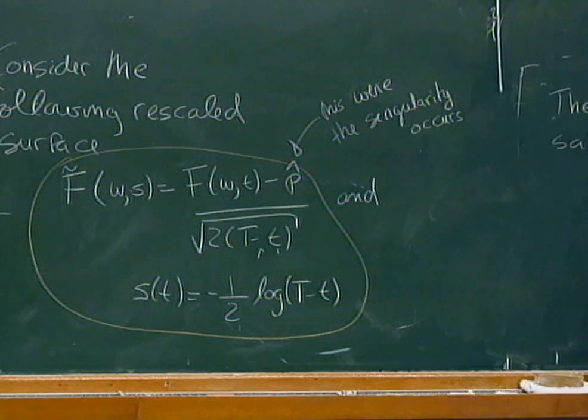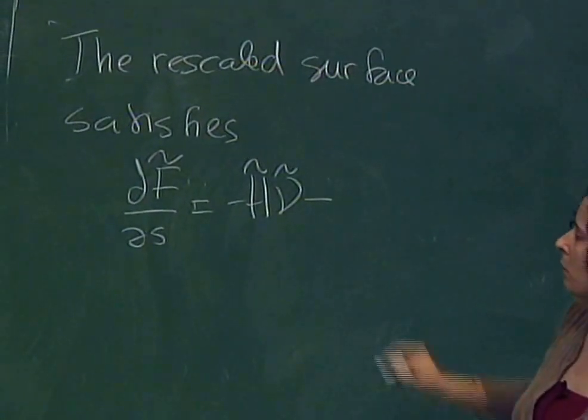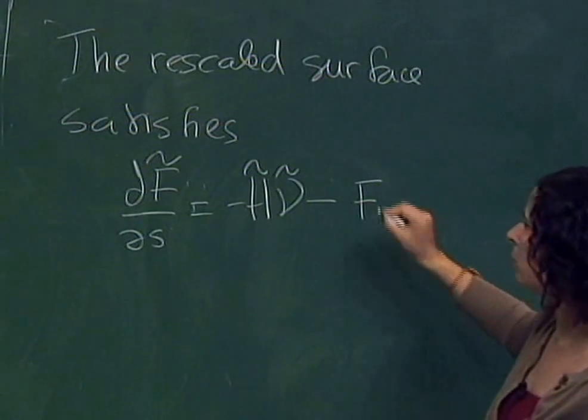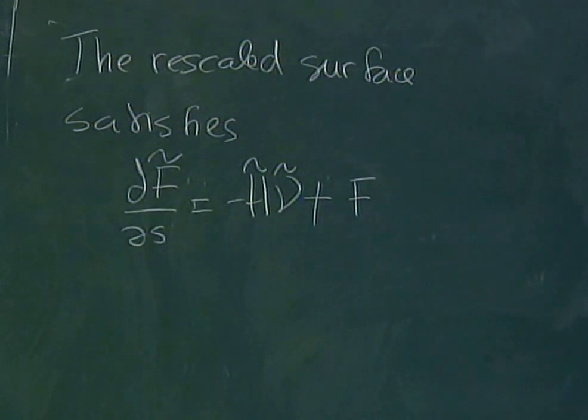It satisfies that df tilde ds is equal to minus h tilde nu tilde, let me see, as the way this is written, minus f plus f. Yeah, plus f.